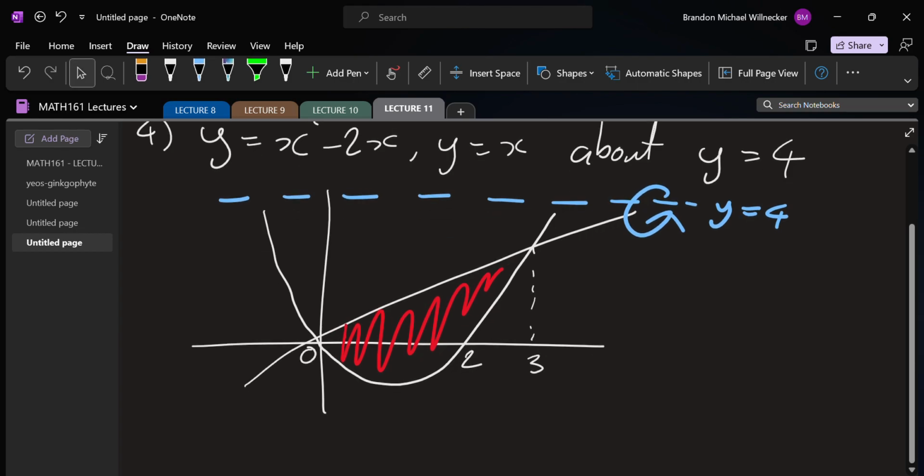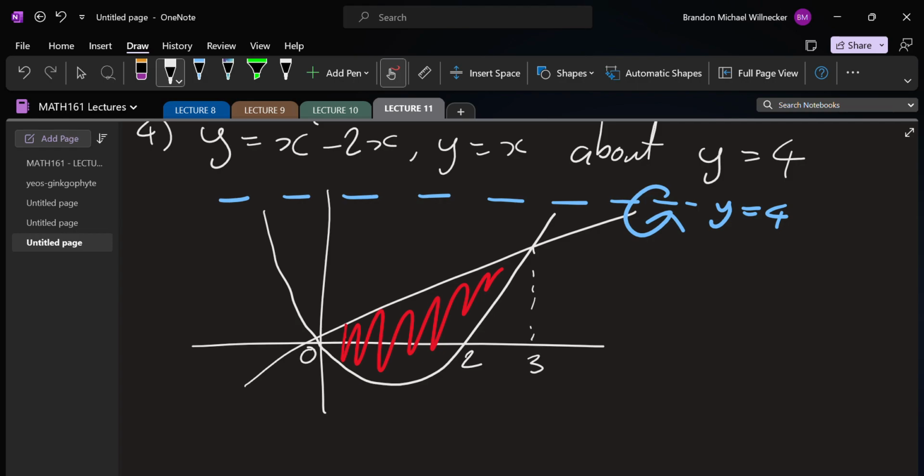Same idea, we're taking a region and rotating it around a line, it's just that the line has moved away from the axis. Same thing applies: we need to find the inner radius and the outer radius, and then we can set up the integral. But now the radius is measured from the line y equals 4, not the x-axis.